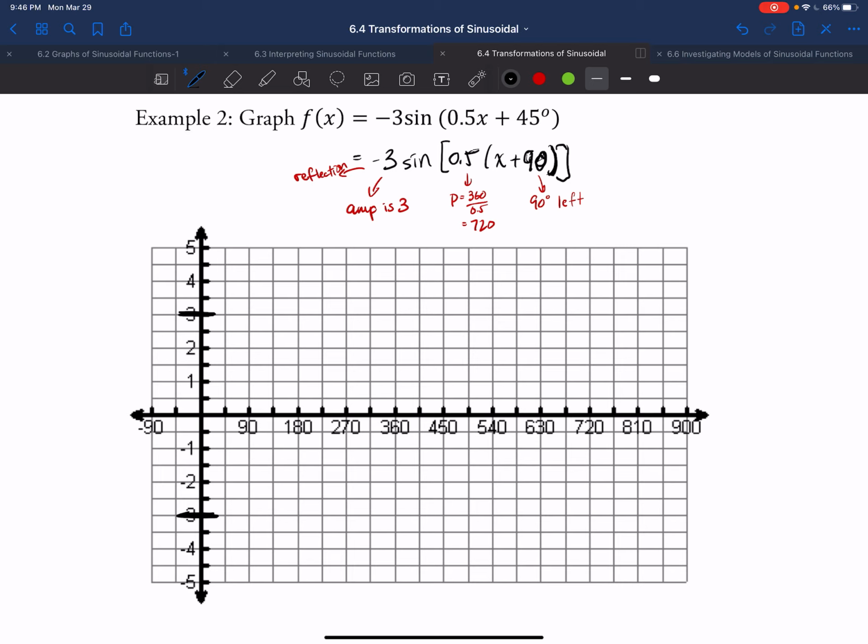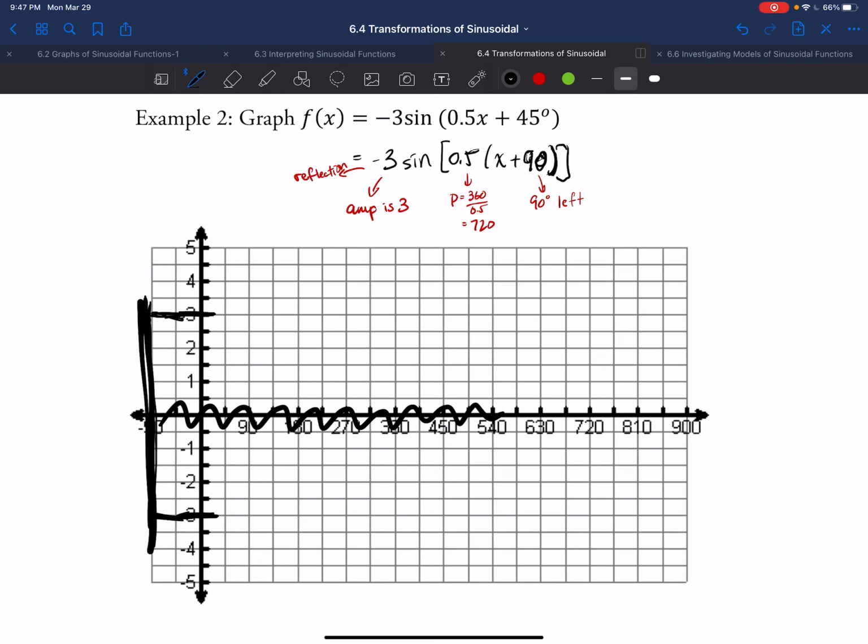So essentially what we're doing here is, I'm going to erase this in a second, but we're saying that that's the highest and lowest point. This would be my left boundary, because we moved 90 degrees to the left. And now if I continue 720 degrees this way, where would I end up?